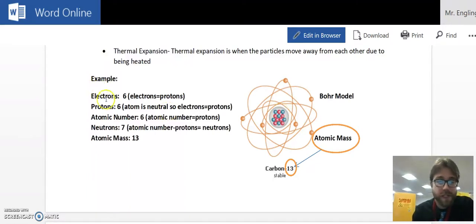Our first question asks us how many electrons. Well, let's count. There is 1, 2, 3, 4, 5, 6 electrons. The electrons are on the outside, so there's 6 of them. Protons.